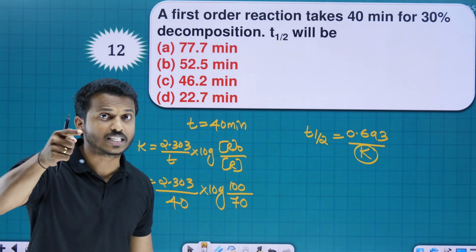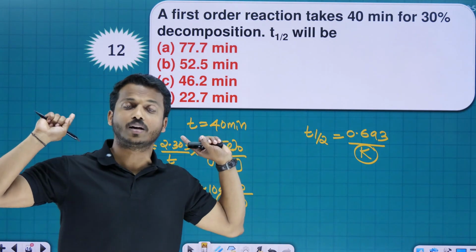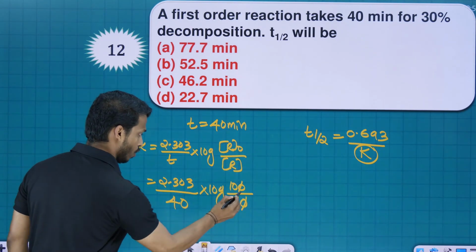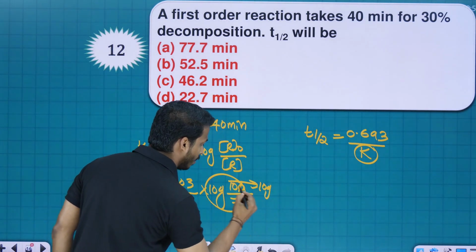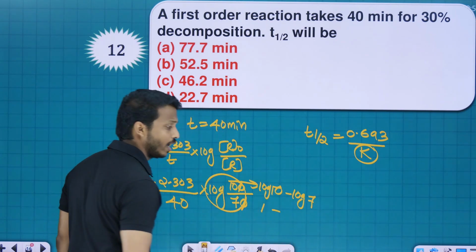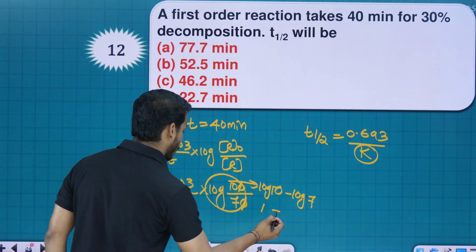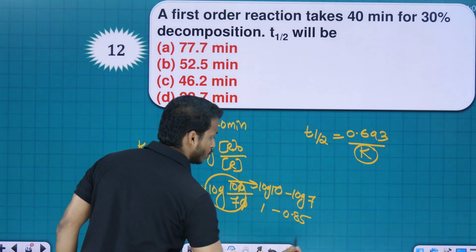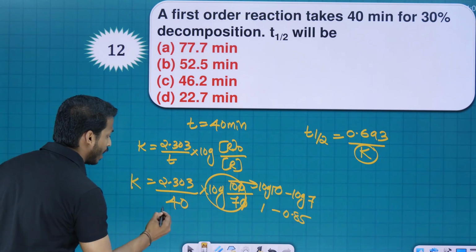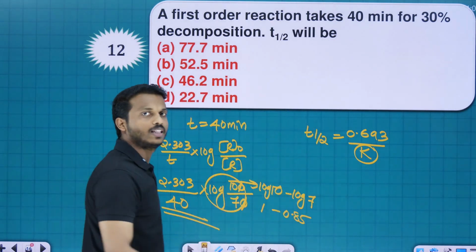Always, if it is percentage, numerator 100, denominator what is left. What is log 10 by 7? Log 10 minus log 7. Log 10 is 1. Log 7 value is 0.85. So you will get 0.15. You can substitute that here and you will get the value of k. That k value we substitute to get the t half.